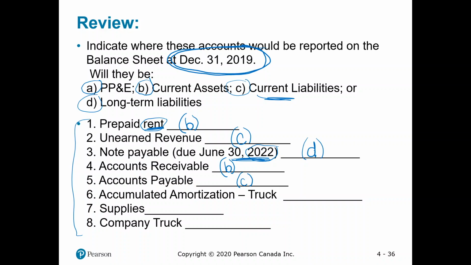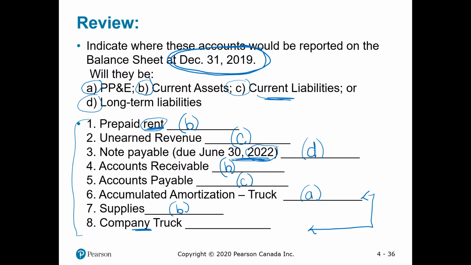Accumulated amortization for the truck. So where would this fall? Well, it links, or it's the contra account that goes along with the truck, and it is part of PP&E. So that falls under Part A. It is that contra asset, so it sits on the balance sheet with the truck. Supplies is B, a current asset.